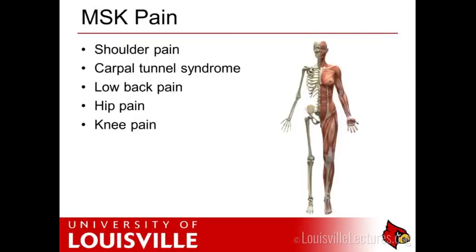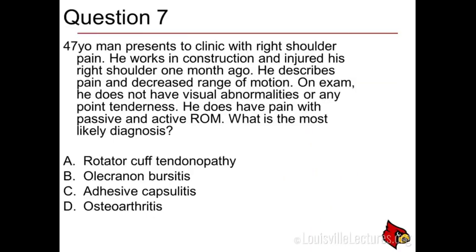All right, we're going to go through a couple common musculoskeletal complaints, and we'll start with a question. A 47-year-old man presents to clinic with right shoulder pain. He works in construction and injured his right shoulder 1 month ago. He describes pain and decreased range of motion, and on exam, he does not have any visual abnormalities or any point tenderness.